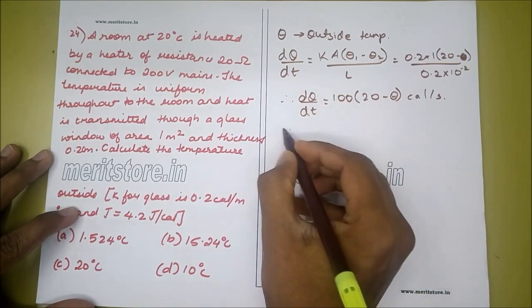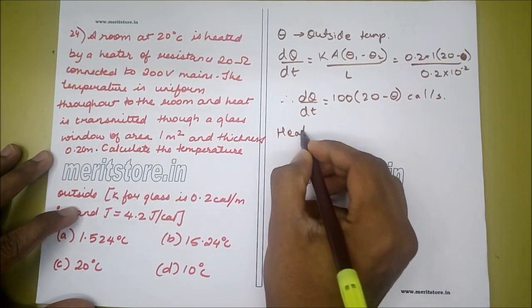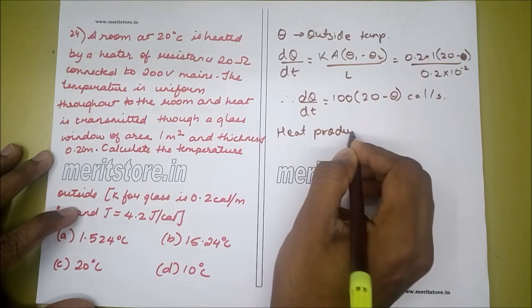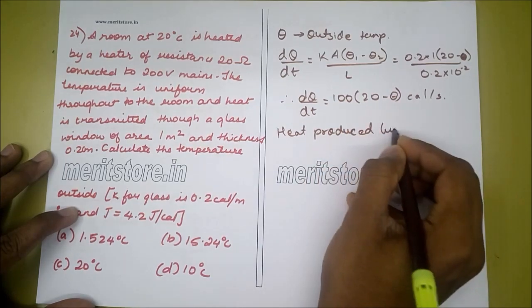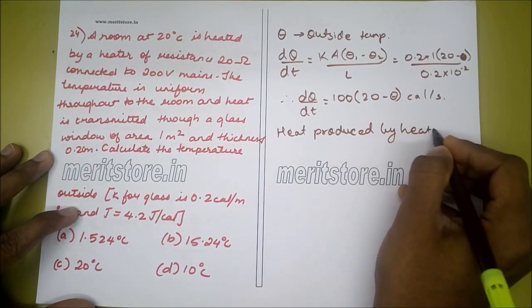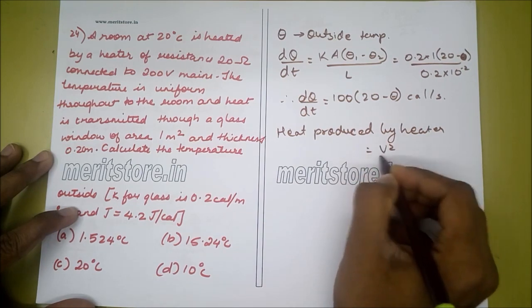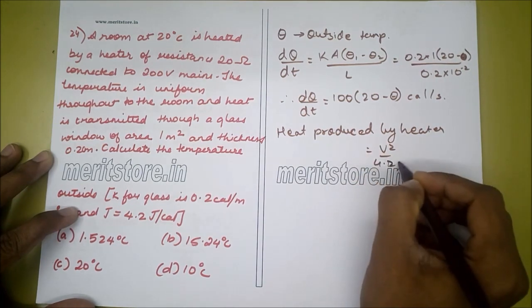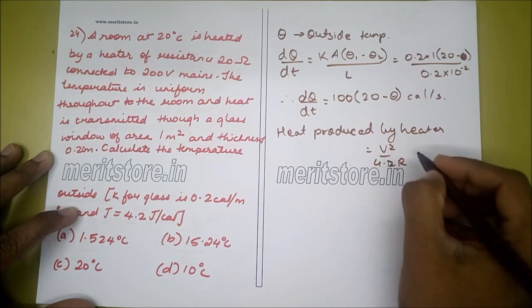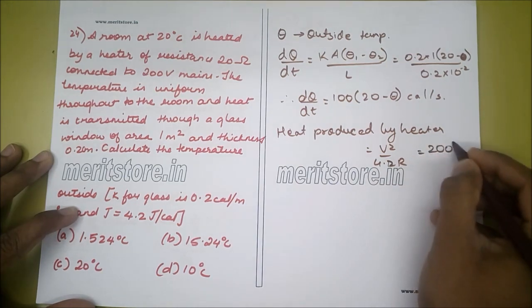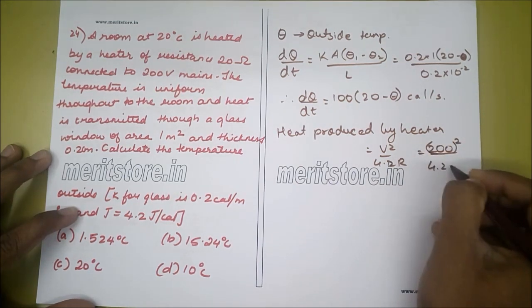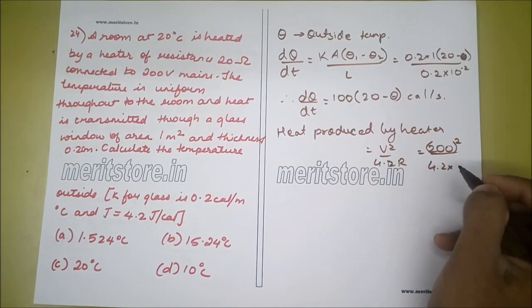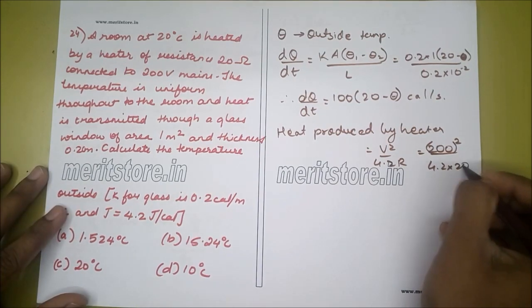Now the heat that is produced by the heater is nothing but V square upon 4.2 R. So V square is 200 squared upon 4.2 into R, the resistance of 20 ohms.